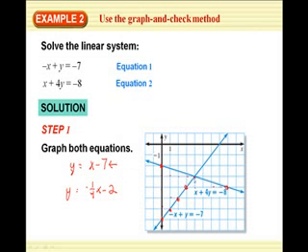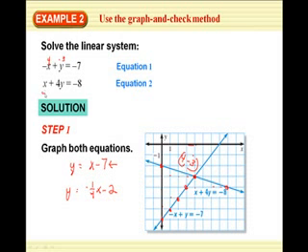So then we just say, where do those cross? It crossed at 1, 2, 3, 4, and 1, 2, 3, negative. So over 4, down 3, so 4, negative 3 is our answer. Okay, so that's a solution to both of those. So let's put it in and see. We're going to put a 4 in right here and a negative 3 in right here. Negative 4 plus negative 3 is negative 7.